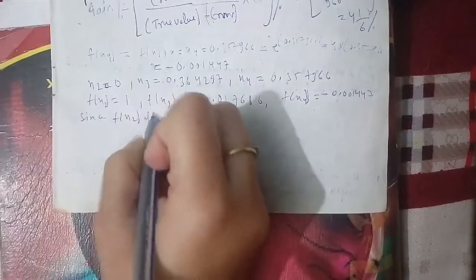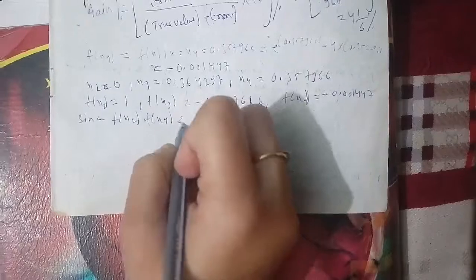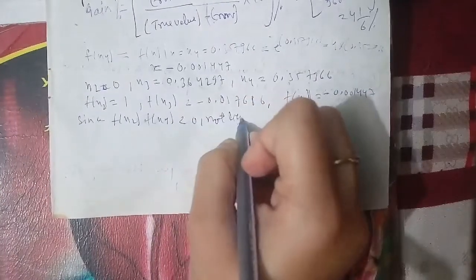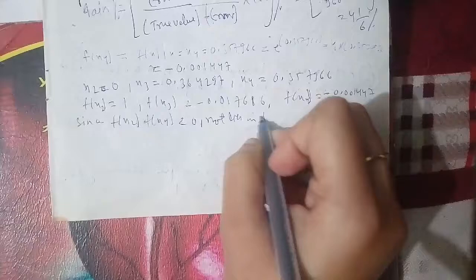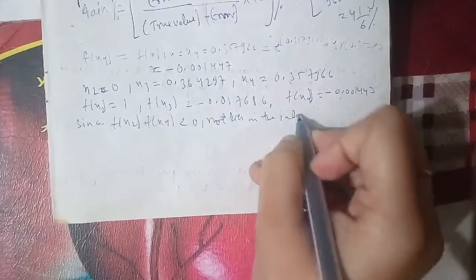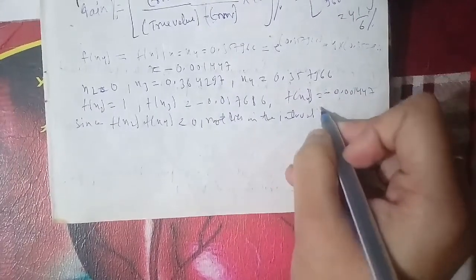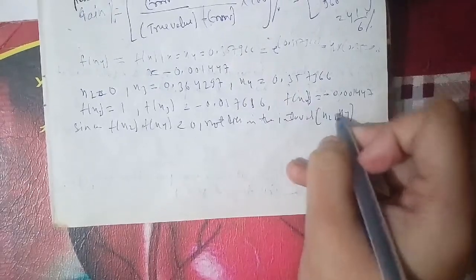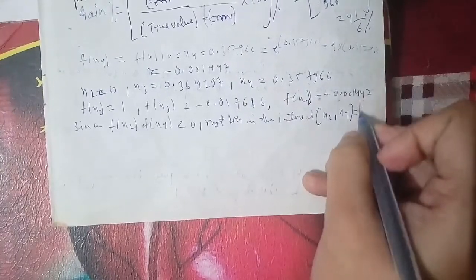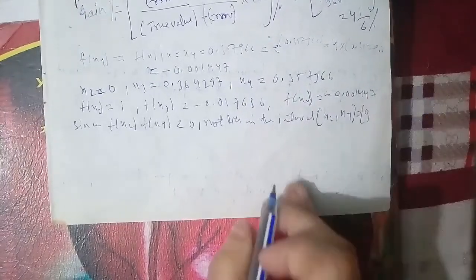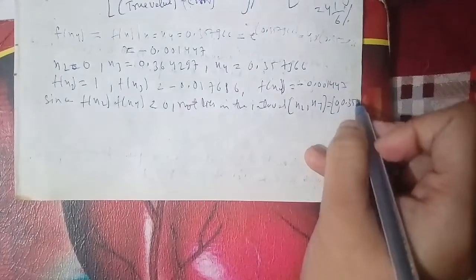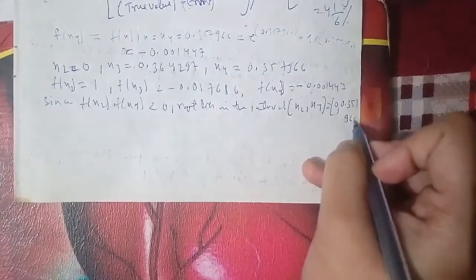Since f(x2) f(x4) is less than 0, the root lies in the interval x2 to x4, that is 0 to 0.357966.